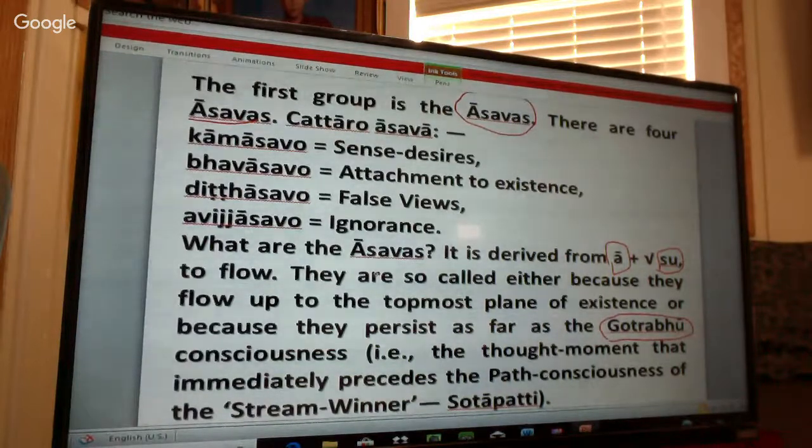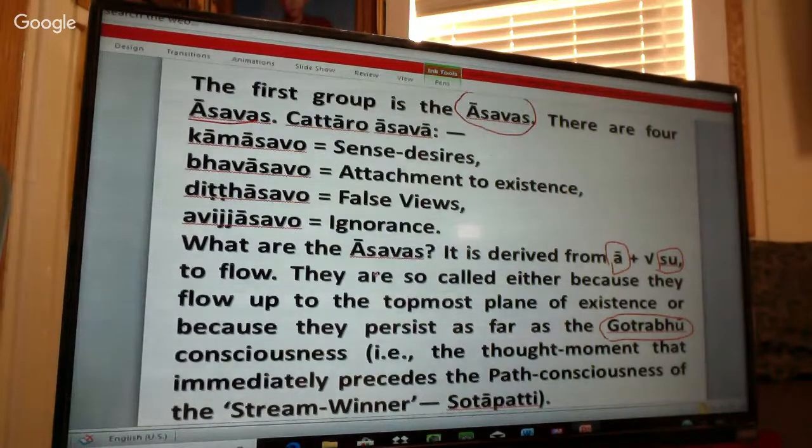So the asava means flowing. How do they flow? They can flow up to the utmost plane of existence. Do you remember the 31 kinds of planes in the universe?